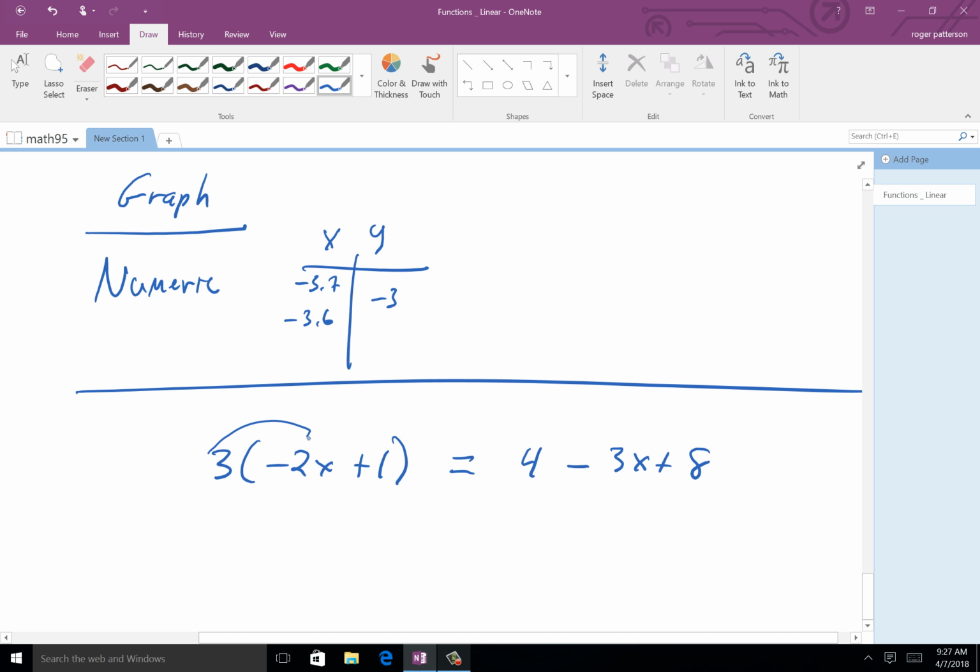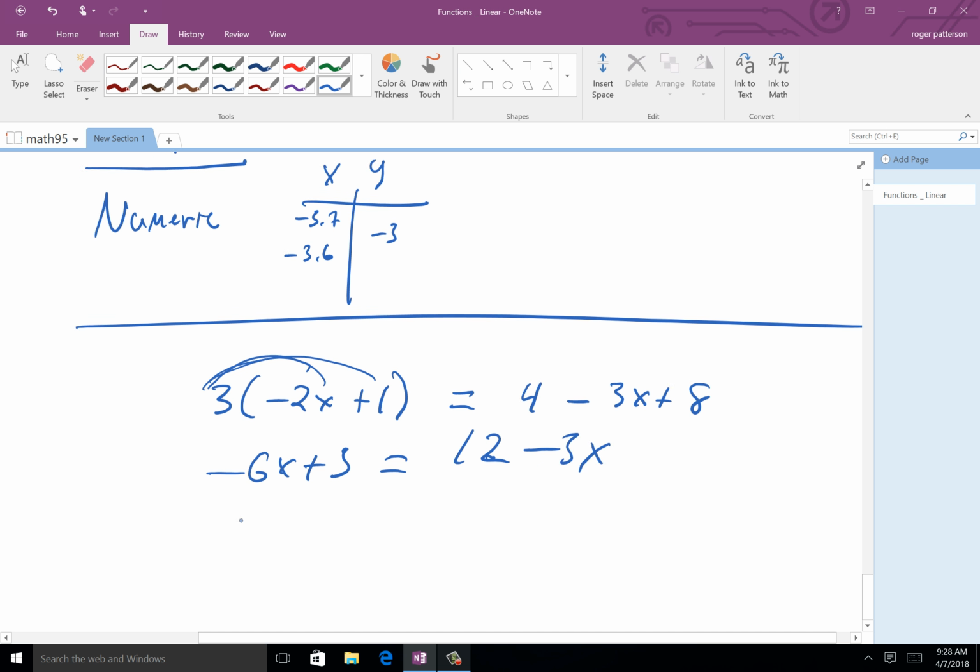I think I'll move this over here. You guys can solve it out too. You've probably already beaten me. 3, 12, 3x. And oh my gosh, this one worked out. Okay, so that would be the symbolic way.